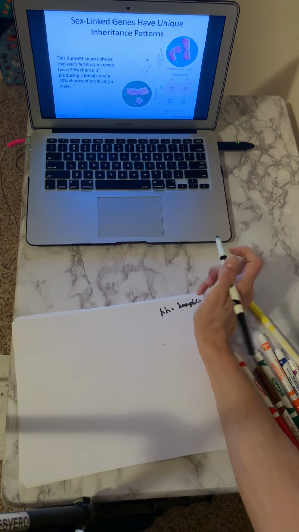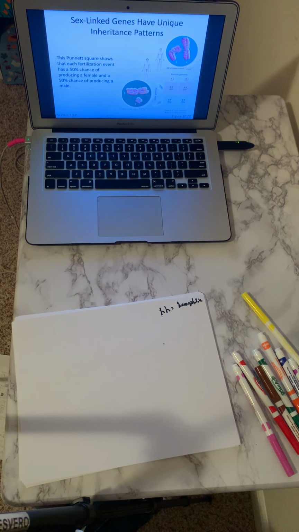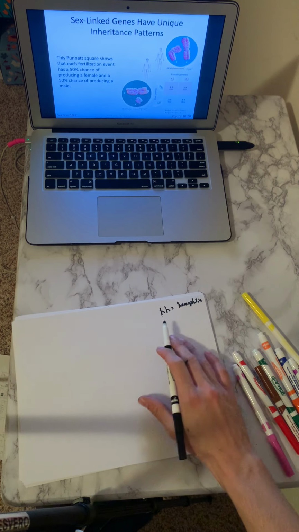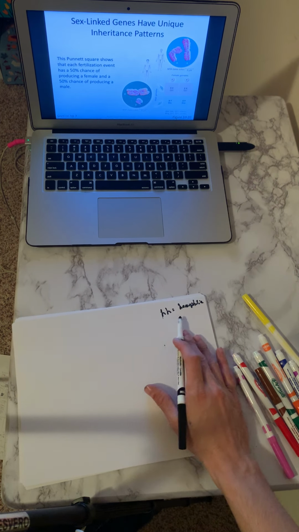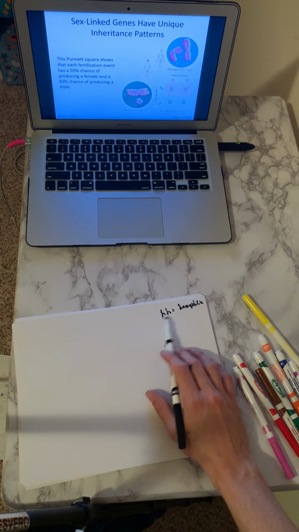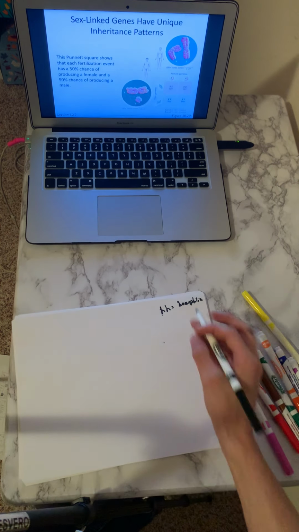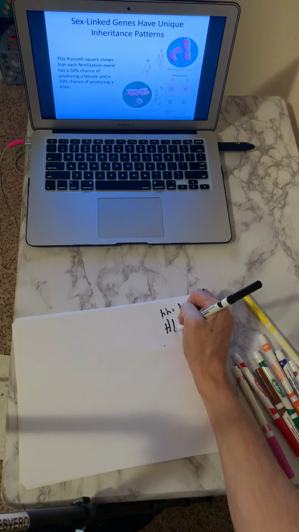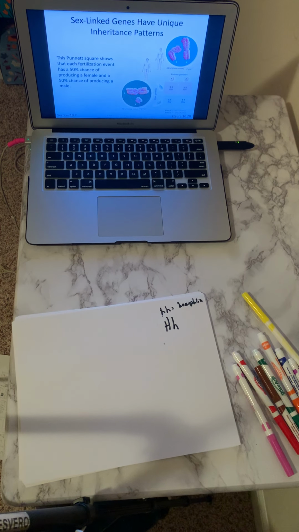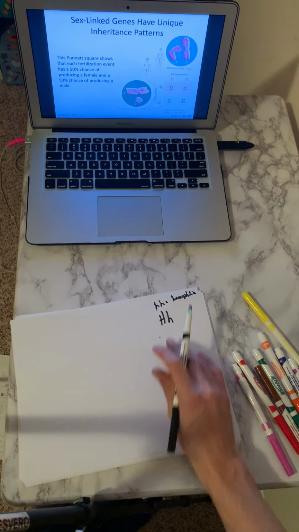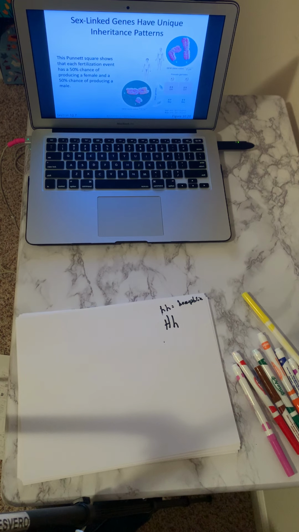If you have hemophilia, if you get cut, your blood will not properly clot itself, and you can bleed to death very easily. So if you have anything other than a double homozygous recessive, if you have 1 big H and one little h like that, you will not have hemophilia. You have to have 2 of the little h's to have hemophilia, and that's how that works.